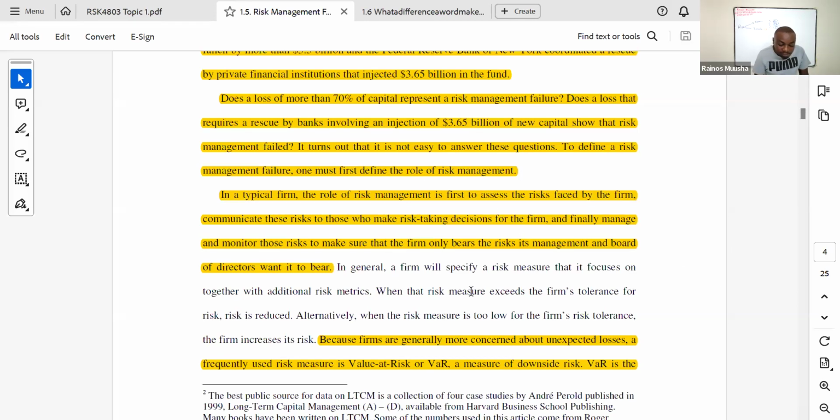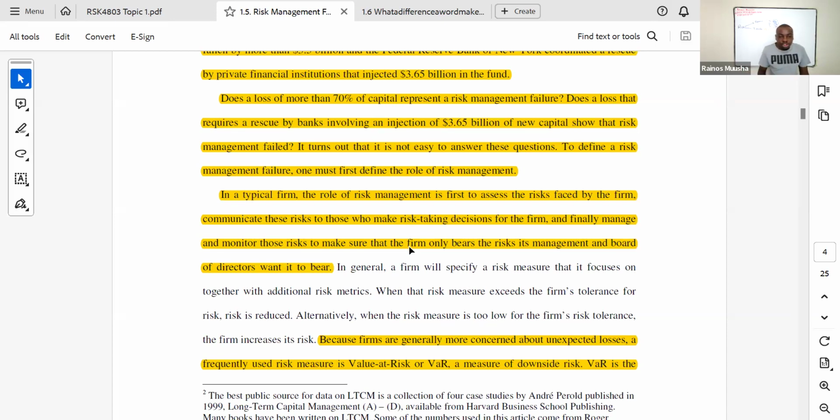This statement is very, very important because it gives you a range of exactly what the responsibilities and the duties of a risk manager are.